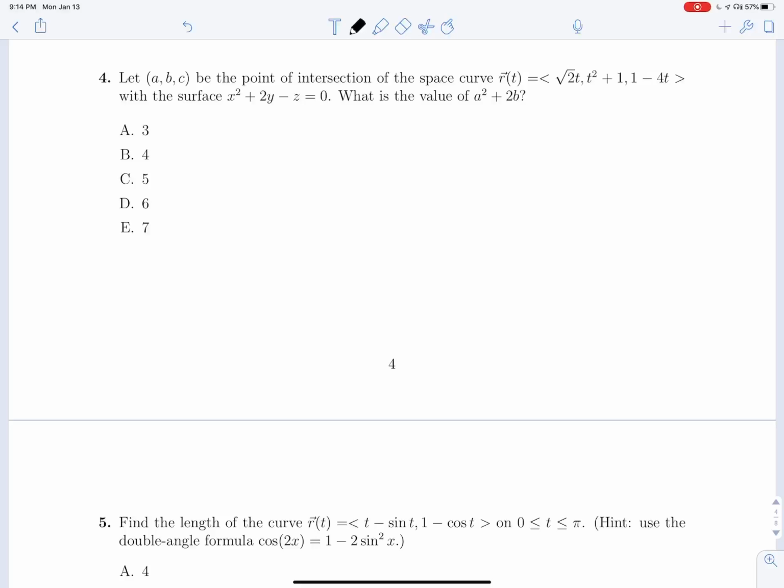So let's do that. We will get 2t squared plus 2t squared plus 2 minus 1 plus 4t equals 0.